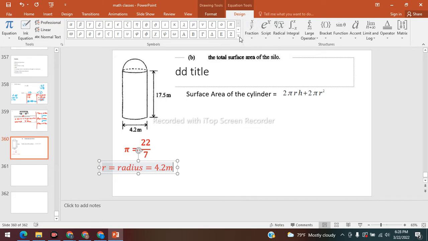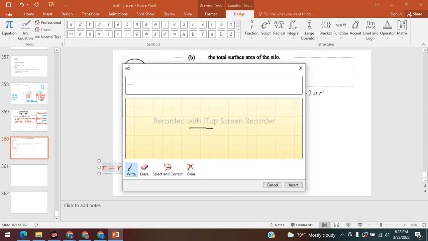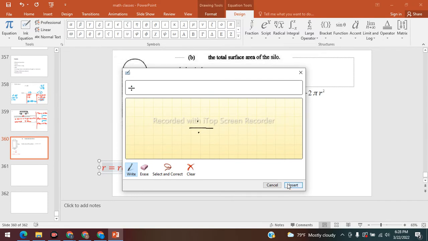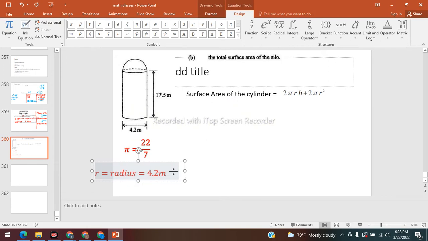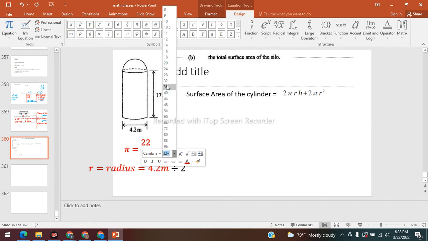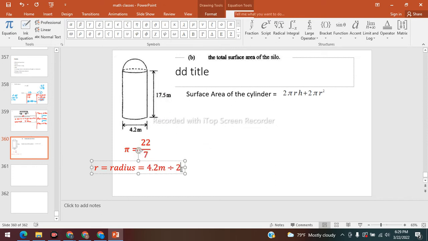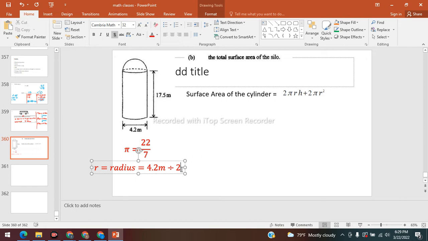Divided by 2 is what? 2.1 meters. Good. So the radius is 2.1 meters.